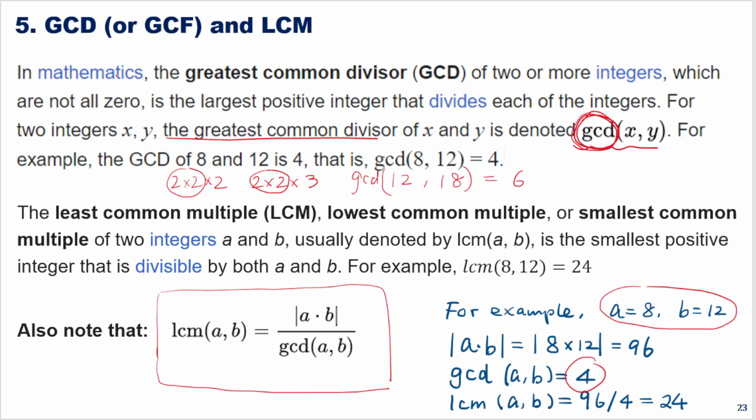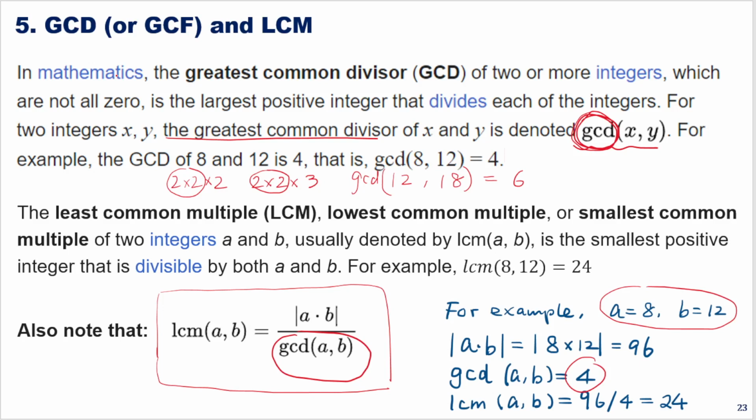Can you follow me? So as long as you know the GCD, the greatest common divisor, it's very easy to find the LCM, right? Can you follow me?